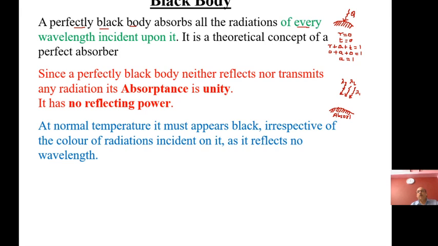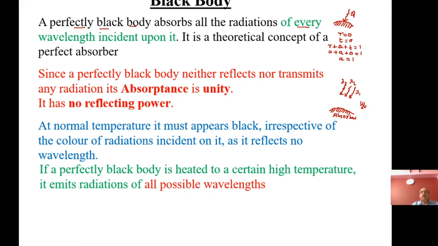So if a person is looking at this body, there will be no reflectance. The person will see this body as perfectly black. It will appear black because no radiation is coming to the eye of the person.